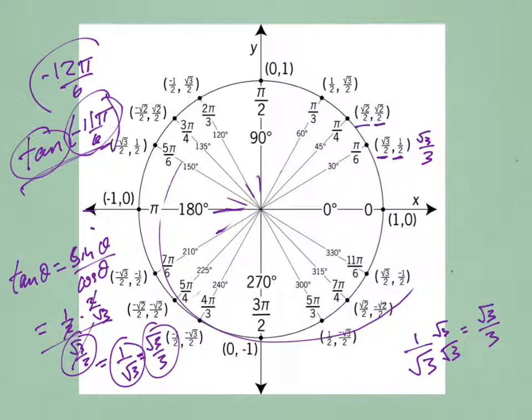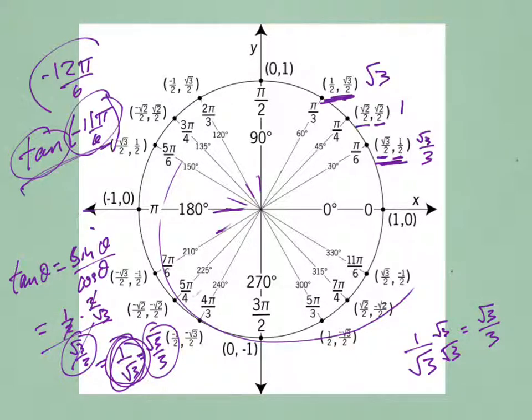If they're the same, sine divided by cosine would be what in this case? The same things cancel out, and you get 1. What's this one? Notice it's the reciprocal of this one. Remember how this one was 1 over root 3? So what's the tangent of this going to be?